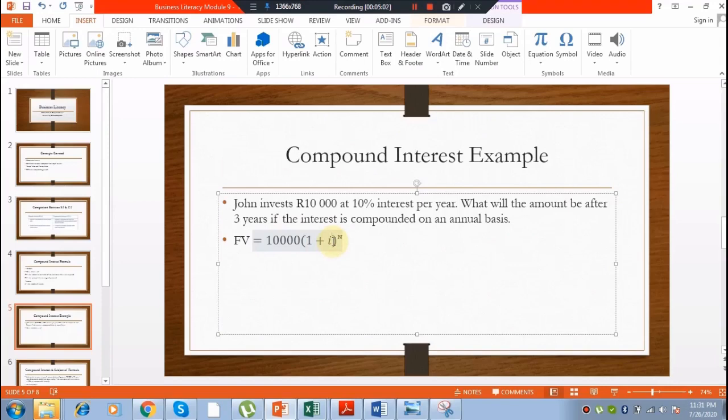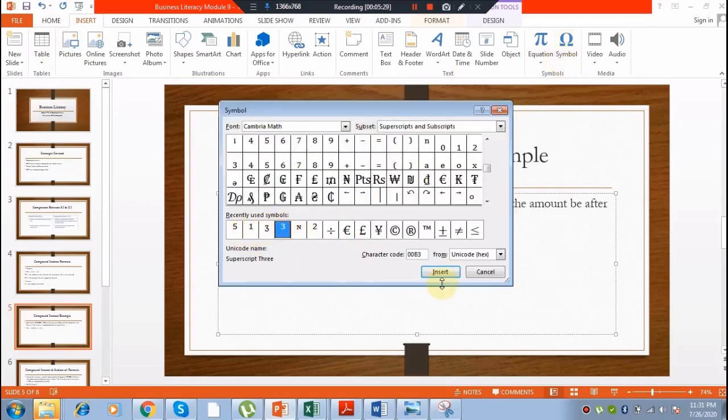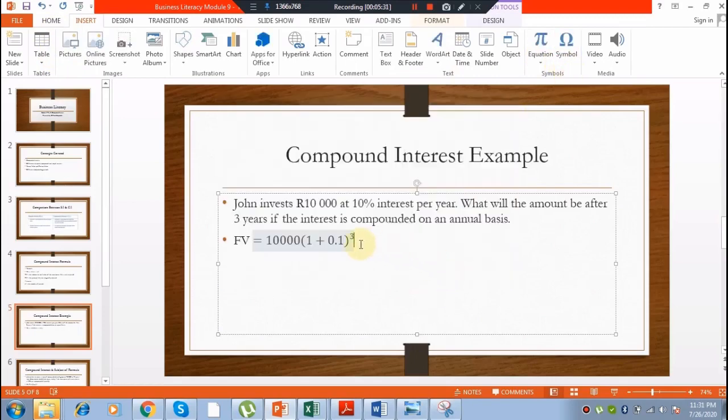Remember guys, when I'm given such percentages, I always say 10 divided by 100, then I get 0.1. It's much easier to work with. Then the number of periods: how long is it going to be? That's 3 years. So now let's go to our calculator and punch in these numbers.